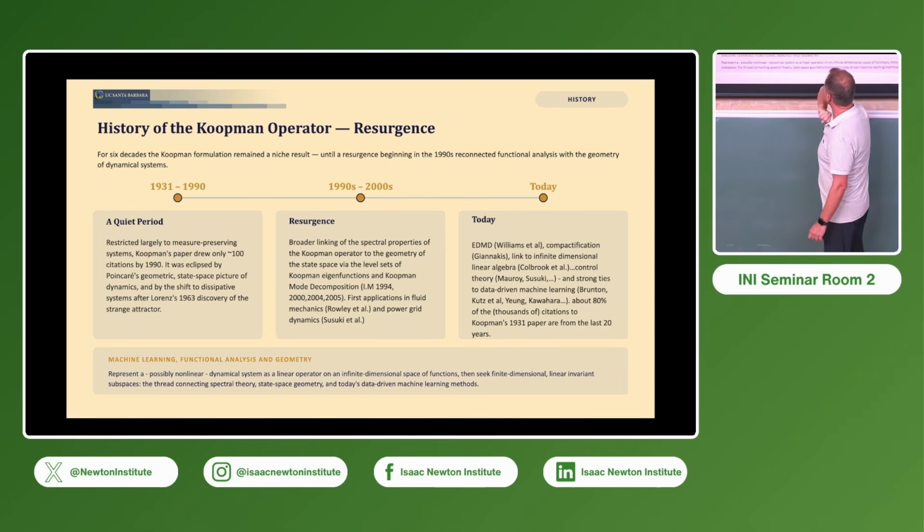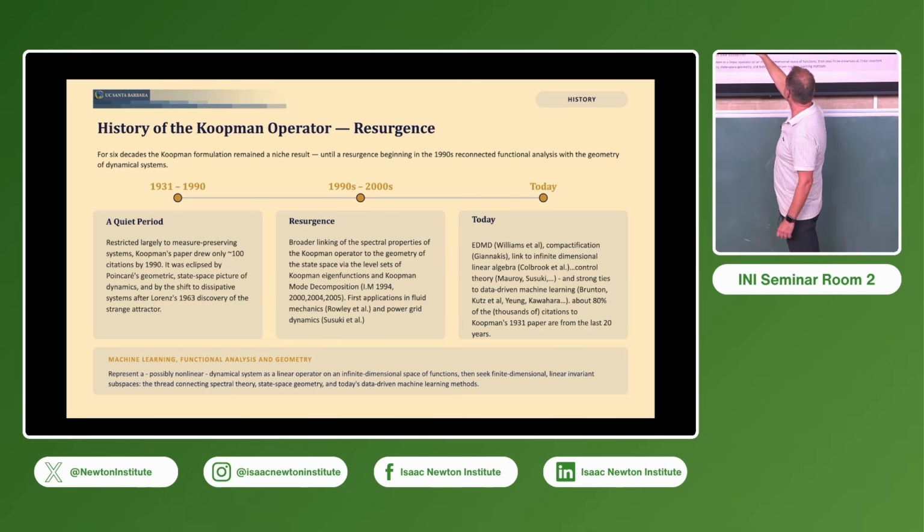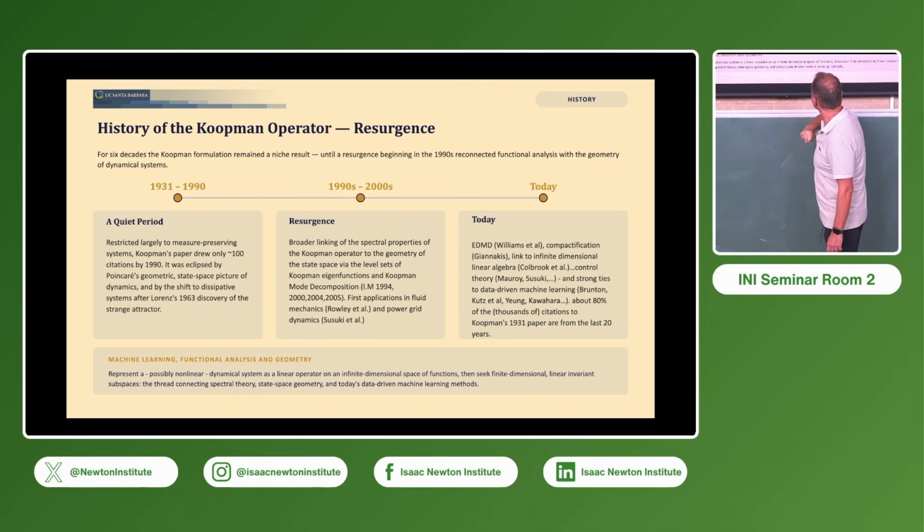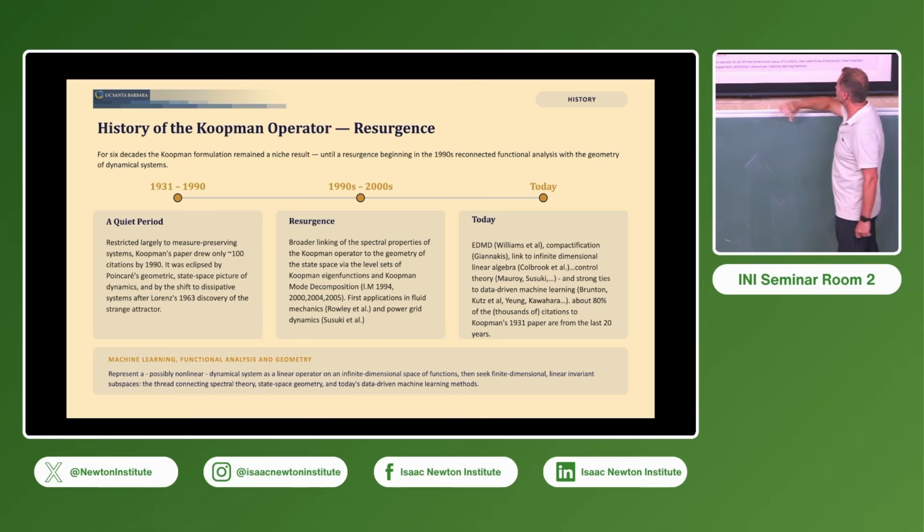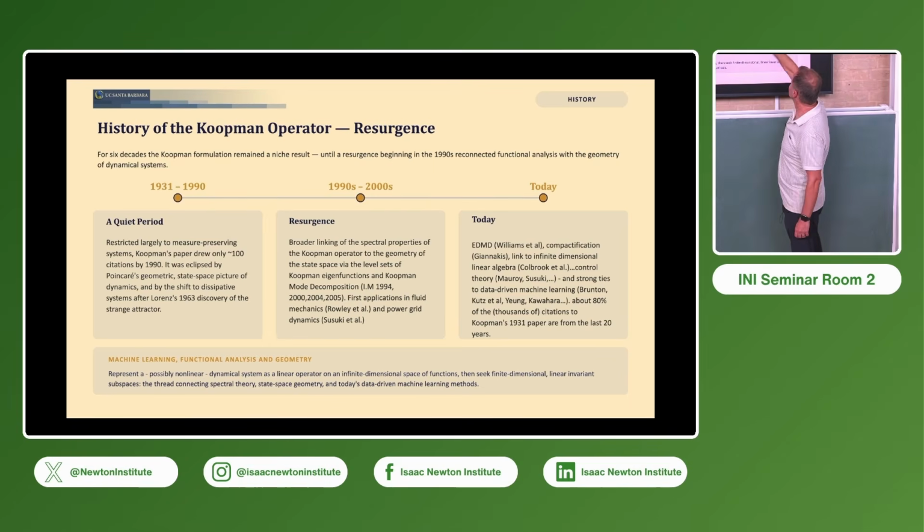It shifted to Lorentz. There are some works in the early 2000s where it ported to applications in fluid mechanics that Steve talked about, and power grid dynamics. EDMD showed up. Dimitri Giannakis did compactification.